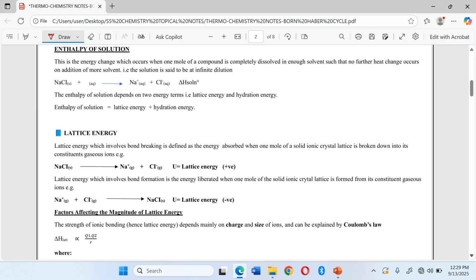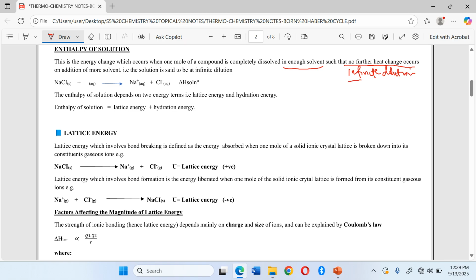Now, let's look at enthalpy of solution. The enthalpy of solution is the energy change which occurs when 1 mole of a compound is completely dissolved in enough solvent such that no further heat change occurs. That is why on the other side we use the word infinite dilution.